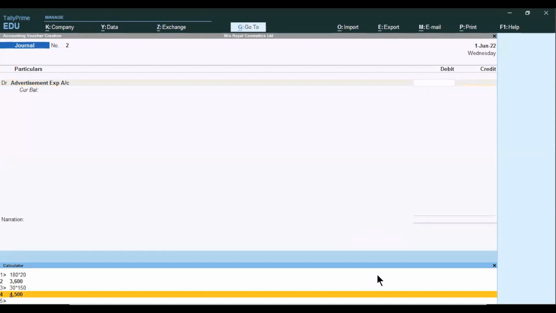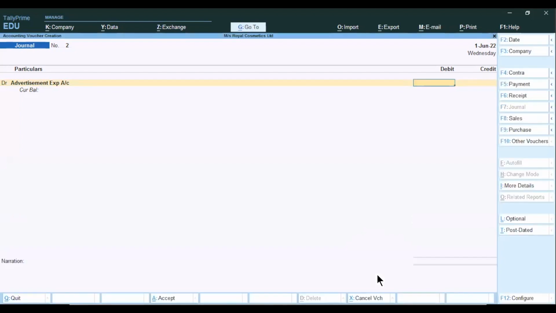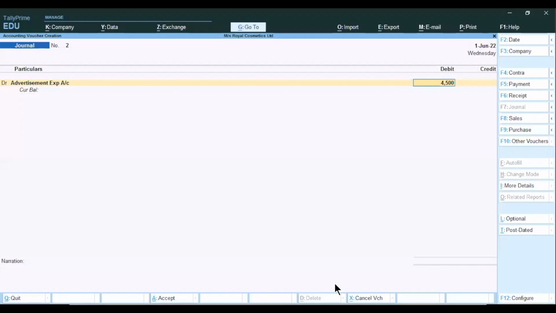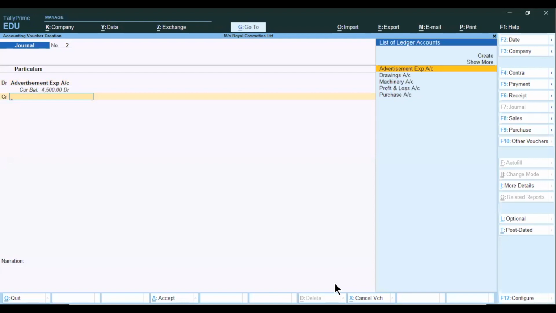Now again press Ctrl N to close this calculator and just press Ctrl V for pasting that amount that we have already calculated. So debit will go to advertisement expense account and credit will go to purchase ledger. So enter credit purchase ledger.